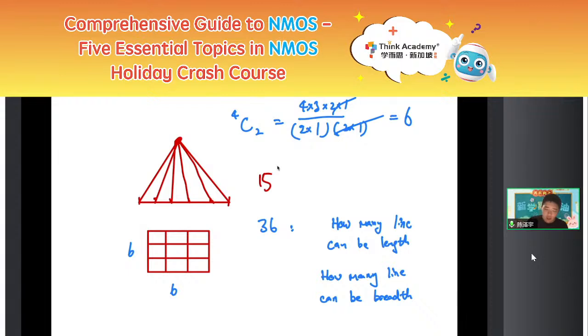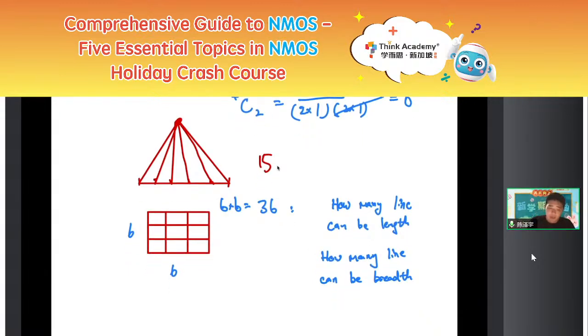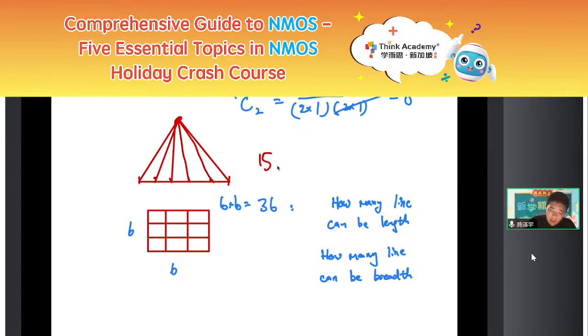Combine them together, you get 6 times 6 equal to 36. Okay, so this is the quick way for you to find out how many rectangles there are. All right, so you see, here I give you a simpler one. Now I can make it a little bit more complicated by adding some extra lines.